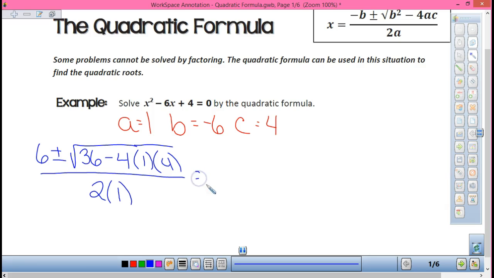So this equals 6 plus or minus the square root of 36 minus 16, because 4 times 1 times 4 gives us 16, all divided by 2.